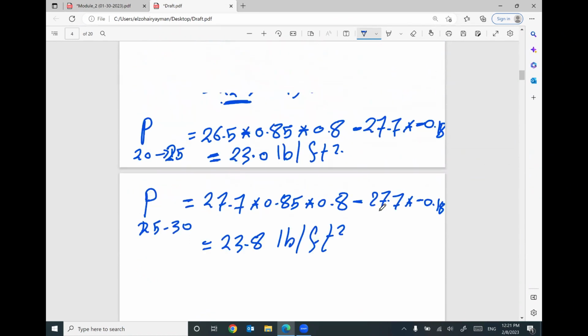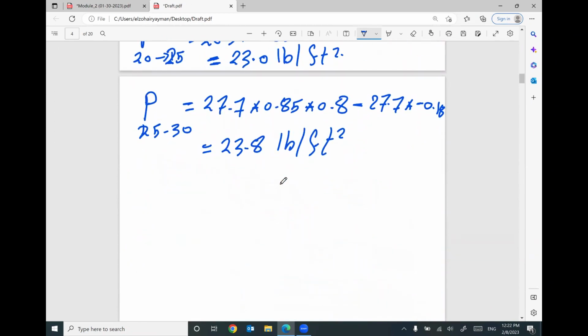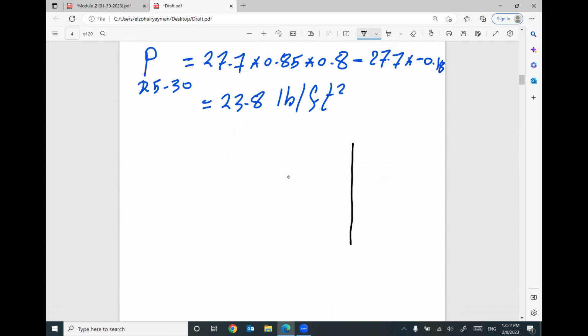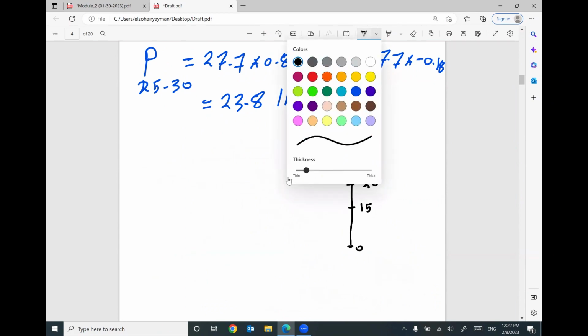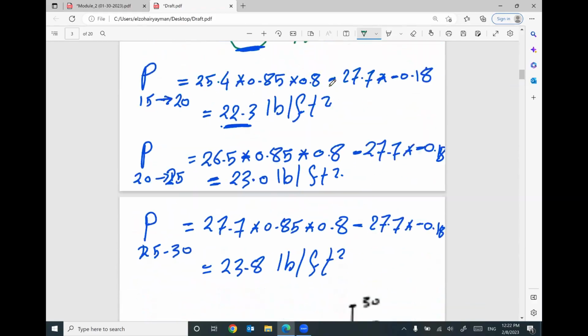I highly recommend that after you are done with the windward wall, you draw it. Assuming this is my wall, from 0 to 15, from 15 to 20, from 20 to 25, from 25 to 30. From 0 to 15, I have this pressure, 21.2.